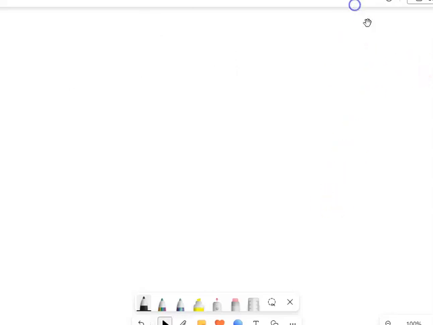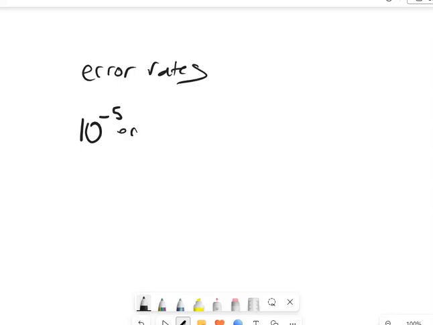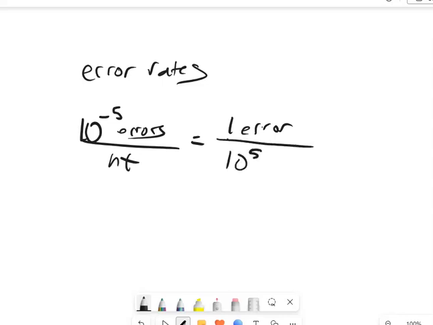The next topic was error rates. And I did calculations with error rates, but you don't need to do these calculations. What you need to do is understand the units. So if I write 10 to the minus 5 errors per nucleotide, this is like saying 1 error per 10 to the 5th nucleotides.